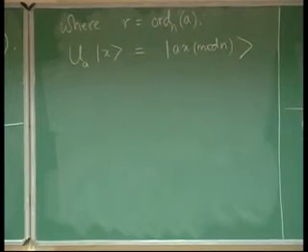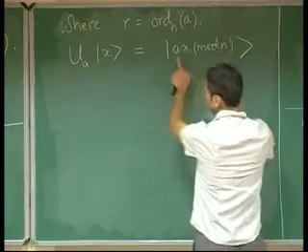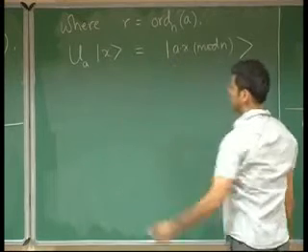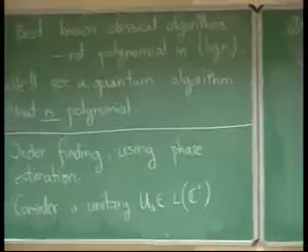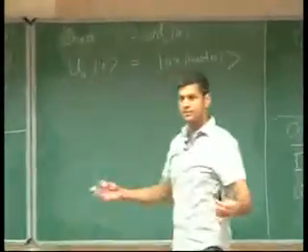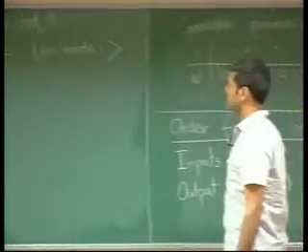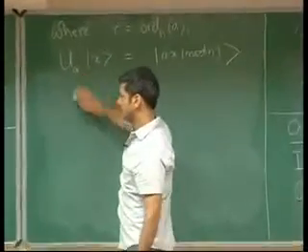And the fact is that this is an invertible operation, because A is co-prime with n, there is a multiplicative inverse of A in Z star n. This is also a consequence of some elementary number theory, which I recommend you take at face value if you don't know it already. Okay, so that defines our unitary for us.